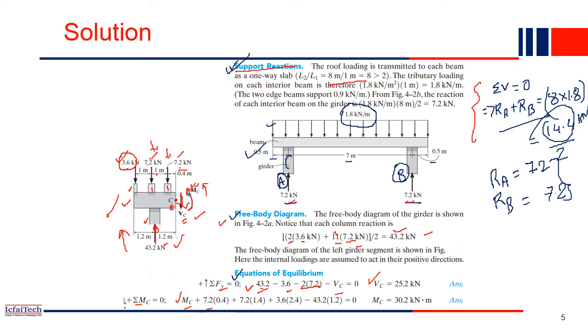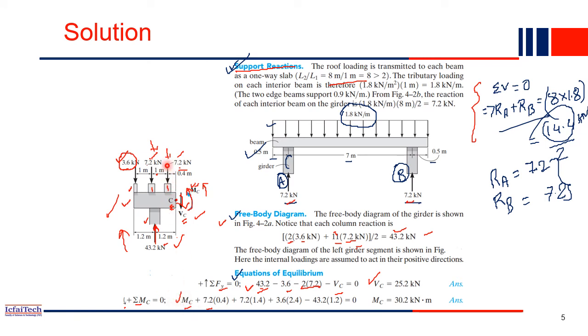Let me use the laser pointer. From this point we are calculating the moment. MC is acting anti-clockwise, and anti-clockwise means positive, so it has a positive sign.